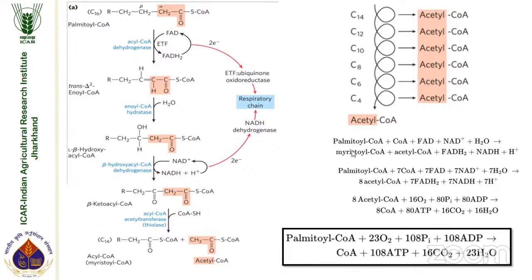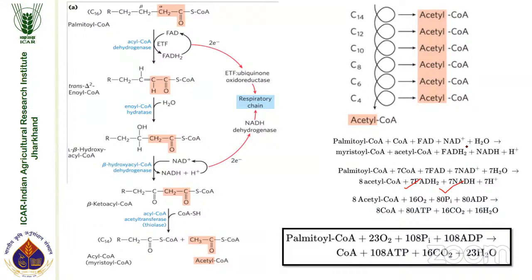For palmitoyl CoA, which is 16 carbon, that will lead to 7 rounds of beta oxidation. Sorry, 7 rounds of beta oxidation will create 7 FADH2 and 7 NADH.